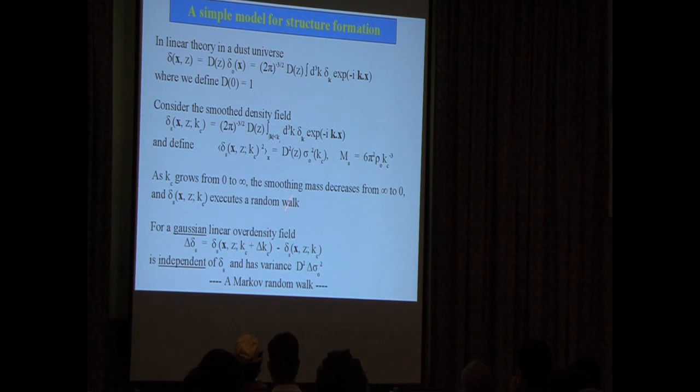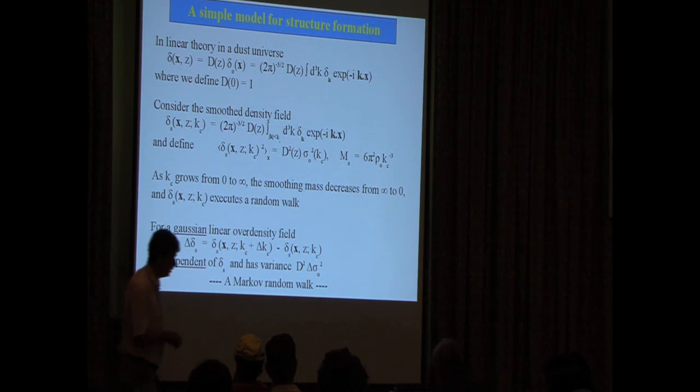The change is only due to the new waves you've added in. They're uncorrelated with the ones you had before. So the change that you make is independent of where you were, of the value you had. So this is a random walk, which is called a Markov random walk. At each point, you make a step. The size of the step doesn't depend on the value at the position where you were at that time. So this is the critical point why this gives a simple result. We have a Markov random walk.